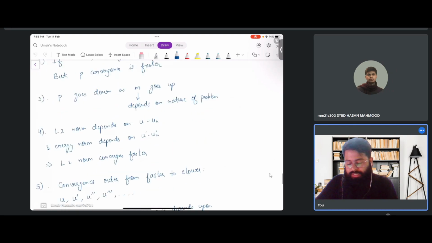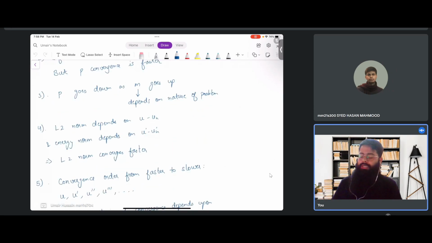So basically, these are ways of representing the error. It doesn't actually physically mean anything. L2 norm is a way to represent it. In an FEM solution, I'll show you.